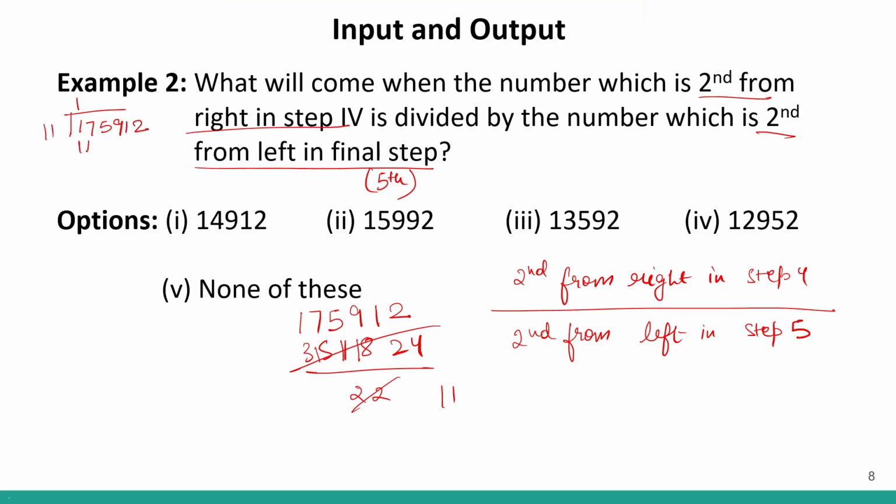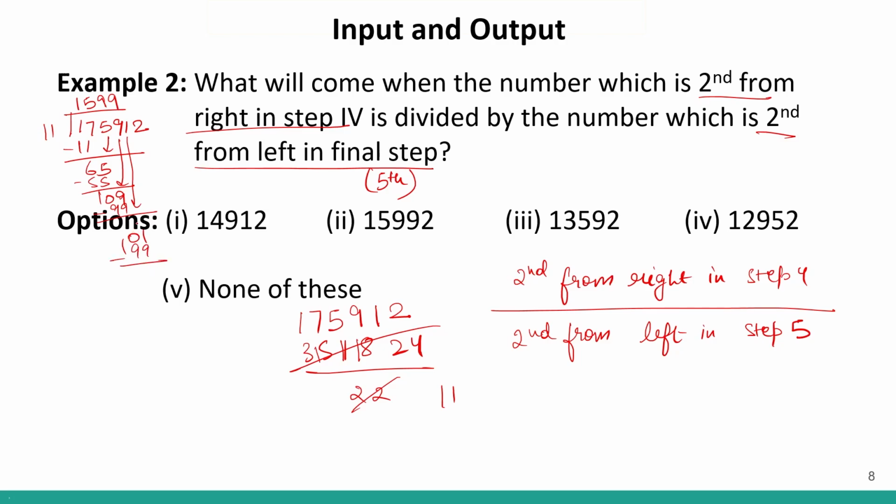So 1 times will give me 11, correct? How much will I get? 6 and 5. Then 5 times will give me 55, correct? I will get 10. 9 will be carried. 9 times will give me 99. Again 0. 10 will be carried. I will carry 1. Again 9 times will give me 99. So this time how much will I remain?